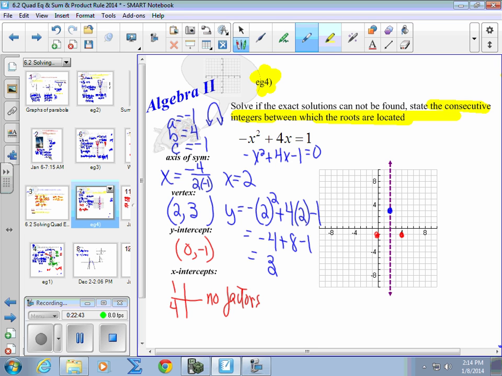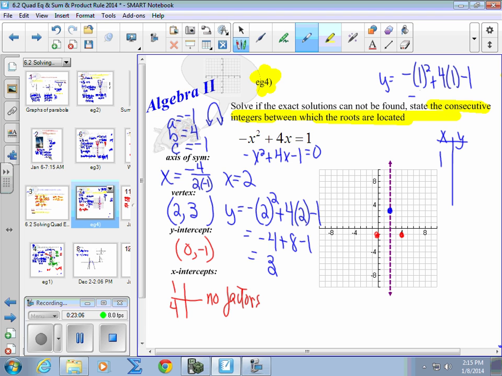Let's just choose a number and plug it in so that we have some numbers. So I'm going to choose the number 1. I'm going to plug it in. So I have negative 1 squared plus 4 times 1 minus 1.